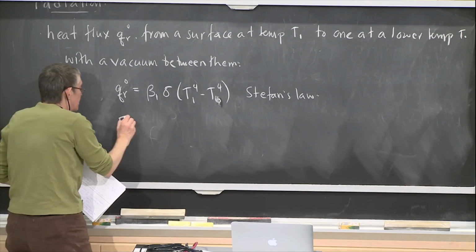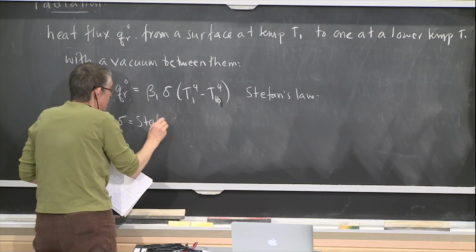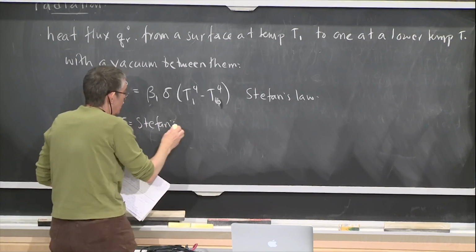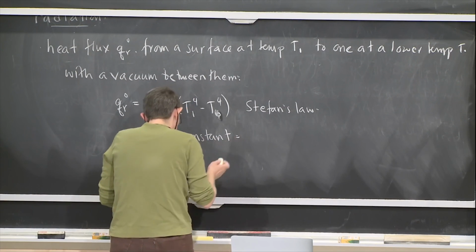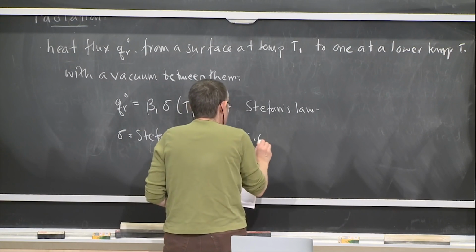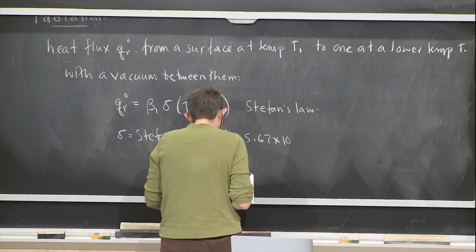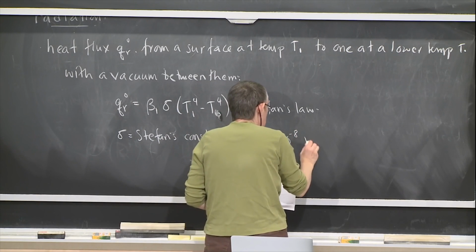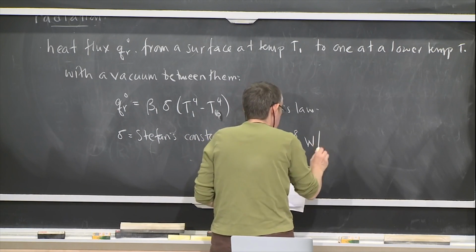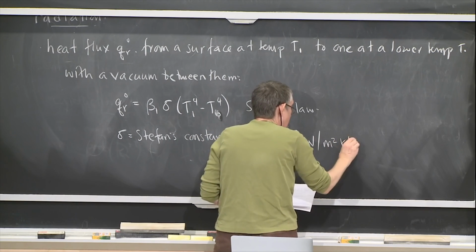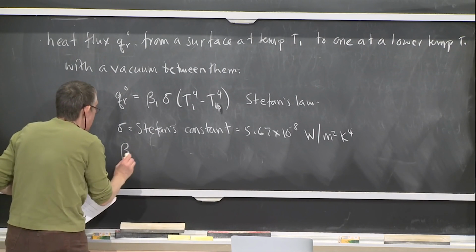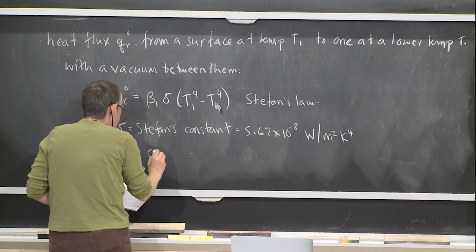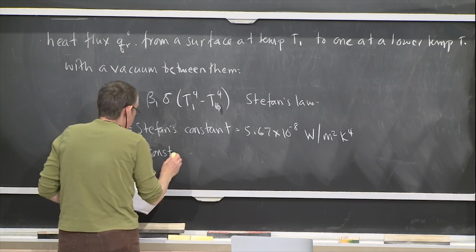So here Stefan's constant is sigma, and that's equal to 5.67 times 10 to the minus 8, in watts per meter squared per K to the fourth, and beta is a constant describing the emissivity of the surfaces.